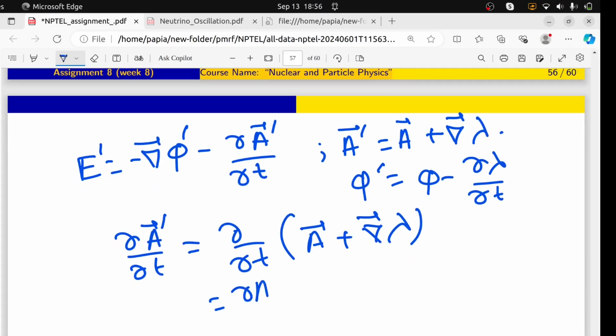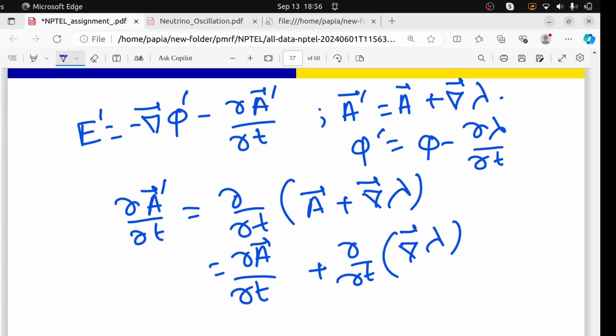So it will be del A del T plus del T of grad lambda, and you know that T and del are independent of each other, so it can become outside also. It can also be written like that.